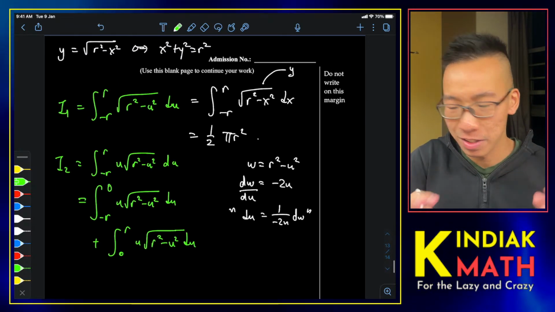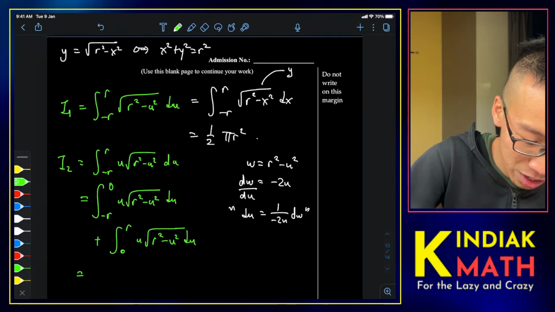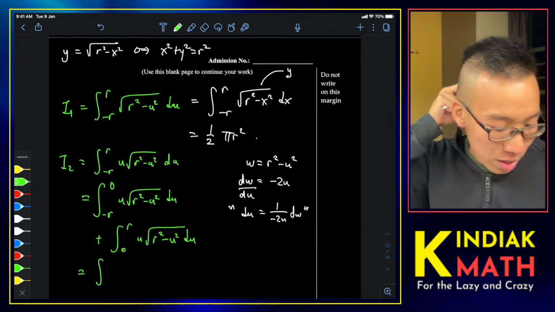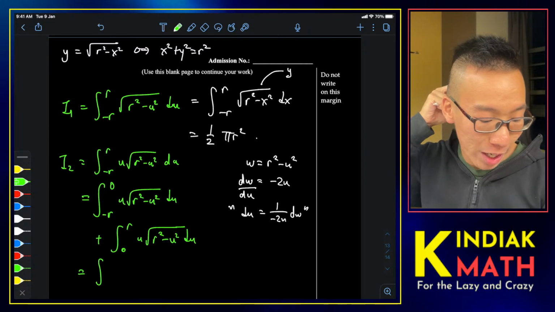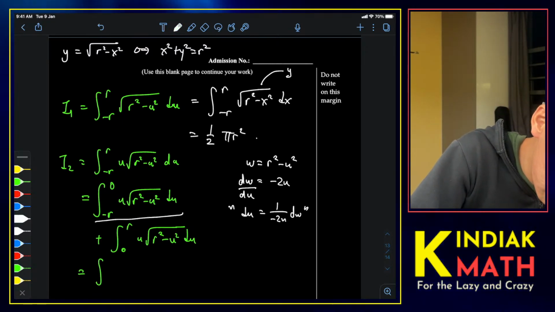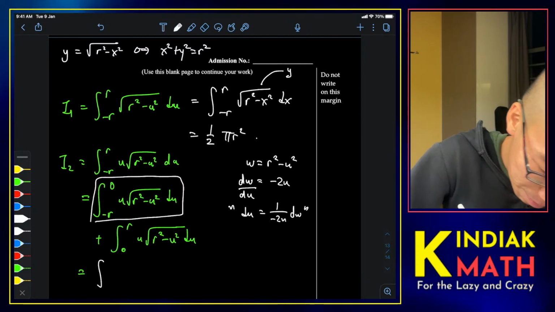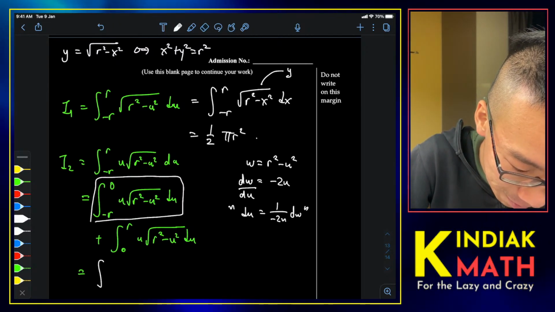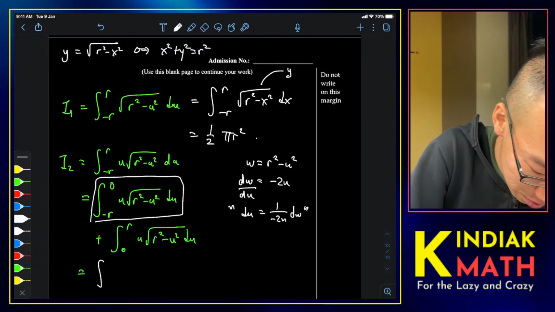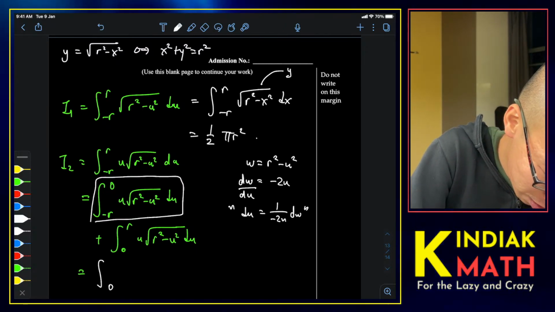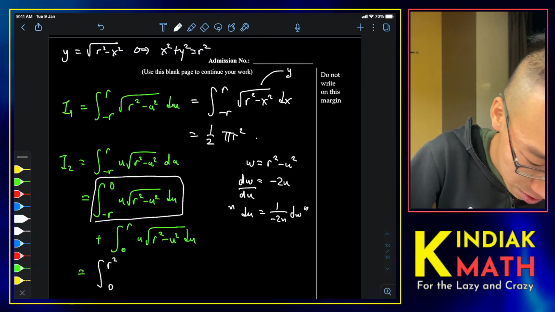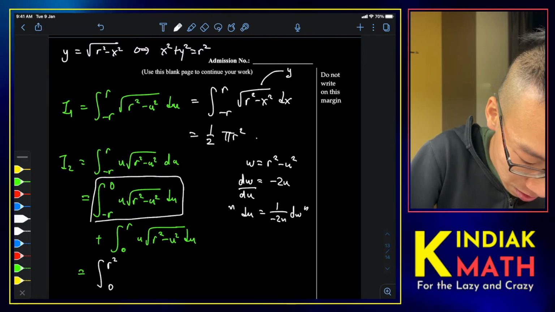Otherwise, we're going to get some kinds of weird zeros, which I don't want to deal with. So we can now split up this integral. This one over here would become minus... okay, so this will become 0 and r squared.